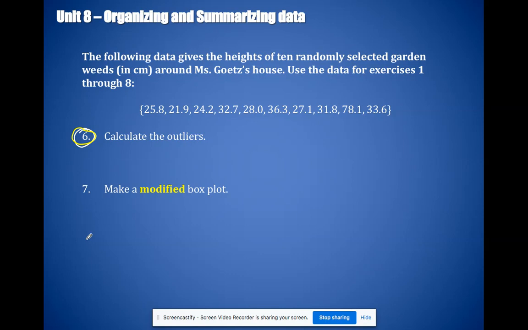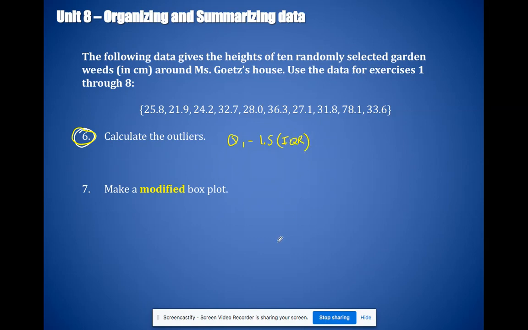I know I say this is weeds in my house, but outliers are often very important in your research. And the formula for an outlier, as you see in your handout: a piece of data is an outlier if it's outside the range Q1 minus, this is a definition, 1.5 times the interquartile range.